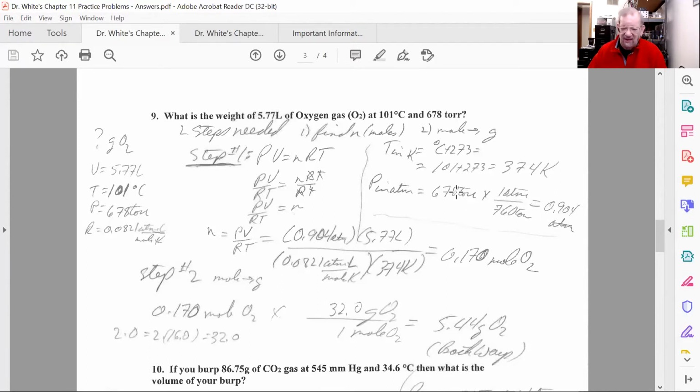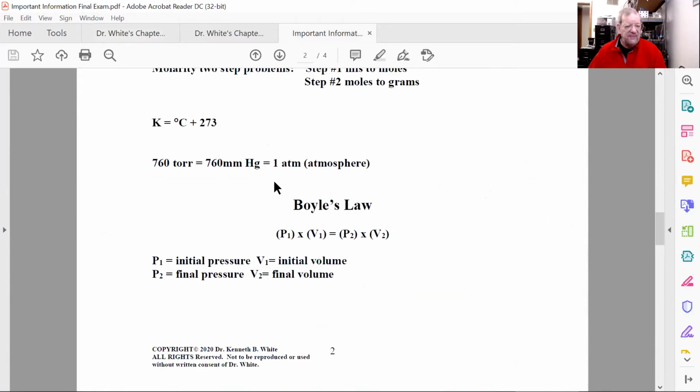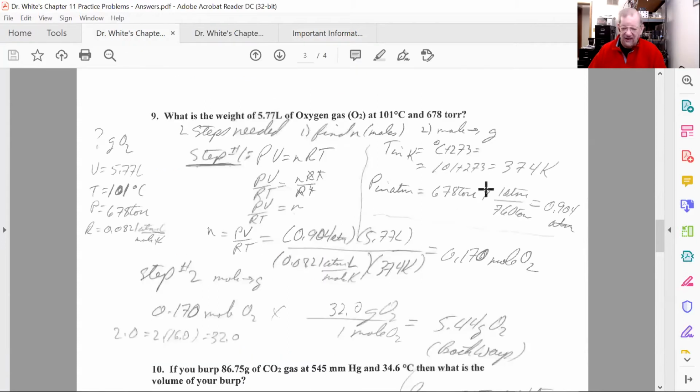Atmospheres goes on top, torr goes underneath. Where do I get those numbers? Well, in case you forgot, you look at important information. 760 torr equals 1 atmosphere, atm. So I can put 1 atmosphere, 760. These are exact numbers, three significant figures.